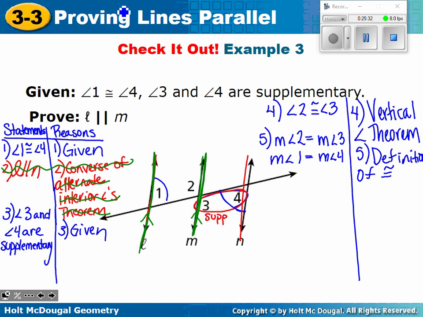Please stop me if I lose you anywhere. We just did it all in 5 because it's the same reason. Is that okay? Okay. Then we need the equation from statement 3, because right now we just have that 3 and 2 are supplementary. So what do we need to write down?